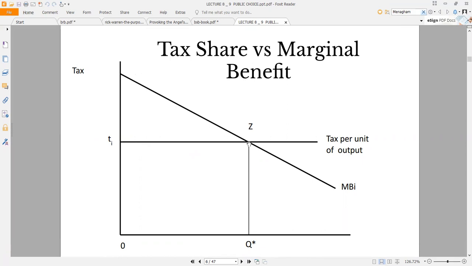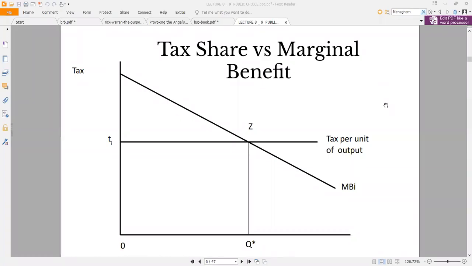This curve is the marginal benefit curve. Now, the vertical axis is measuring the tax, and the horizontal axis is measuring the quantity.